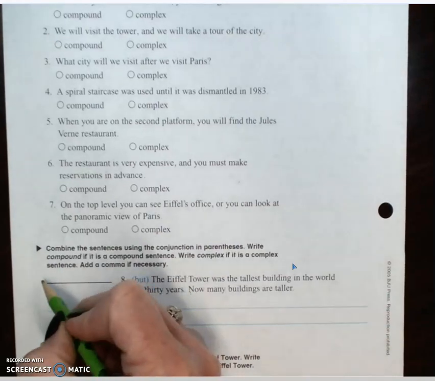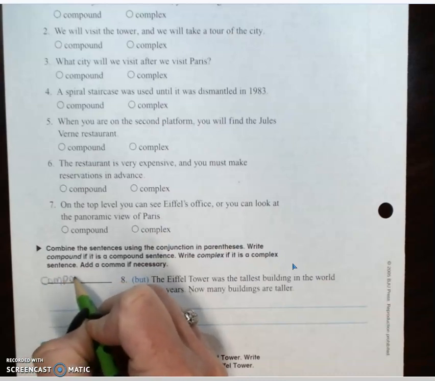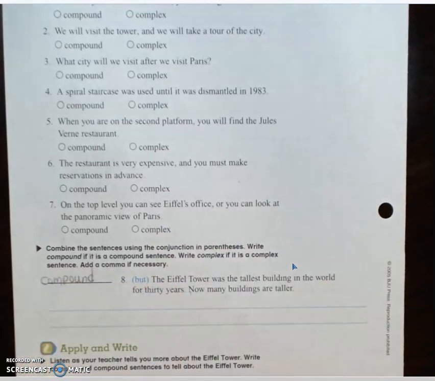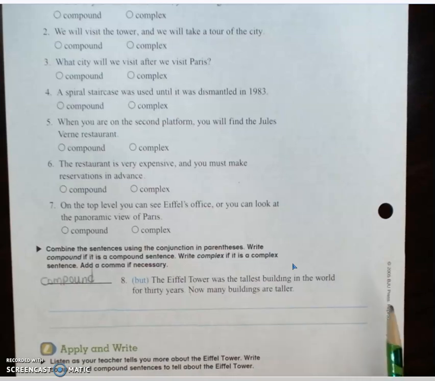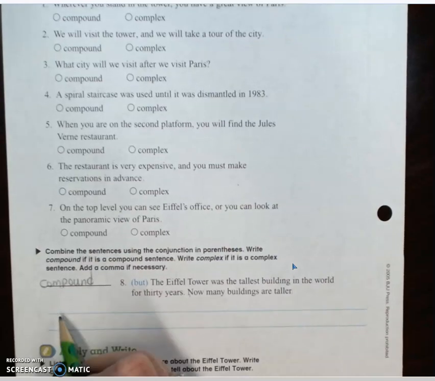It's going to be a compound sentence. Compound. Okay, so the Eiffel Tower was the tallest building in the world for 30 years. That's an independent clause. Now many buildings are taller. That's an independent clause.